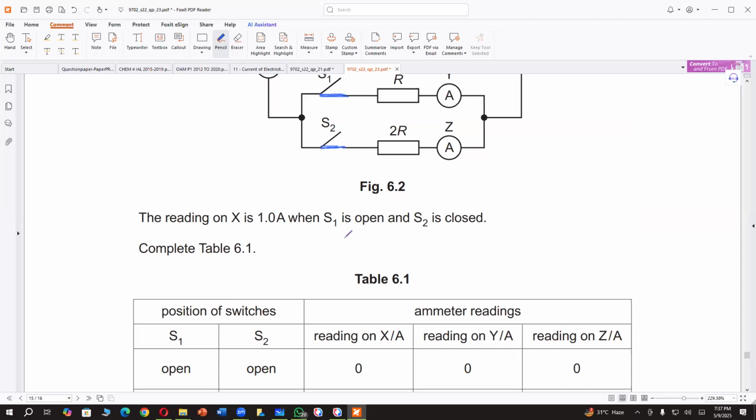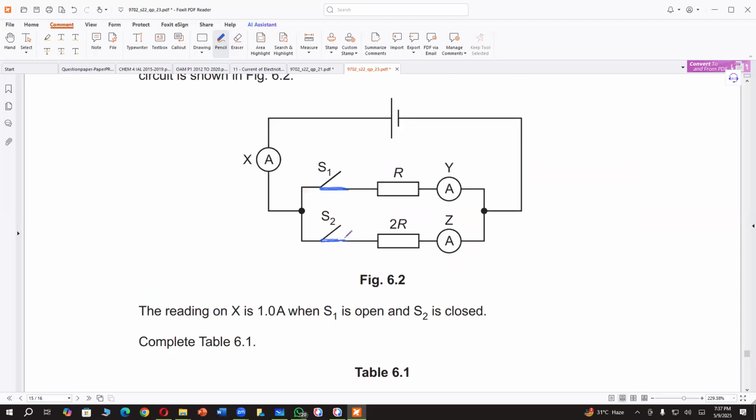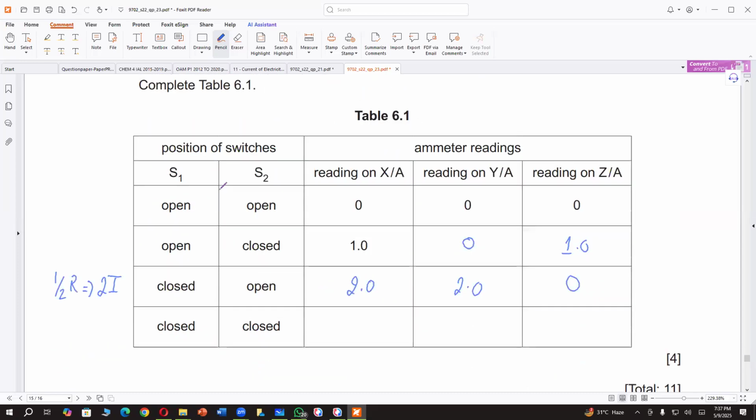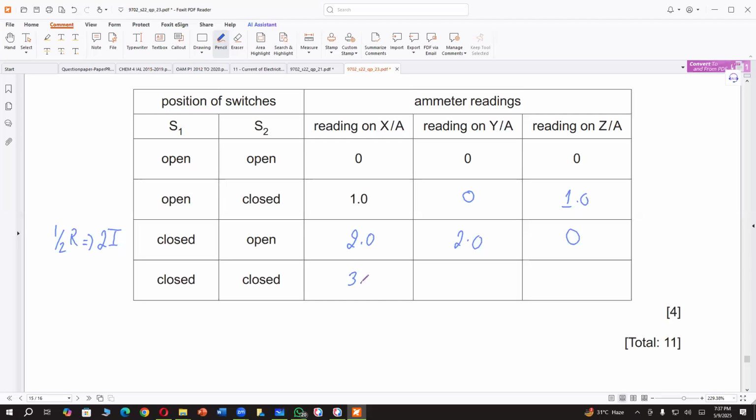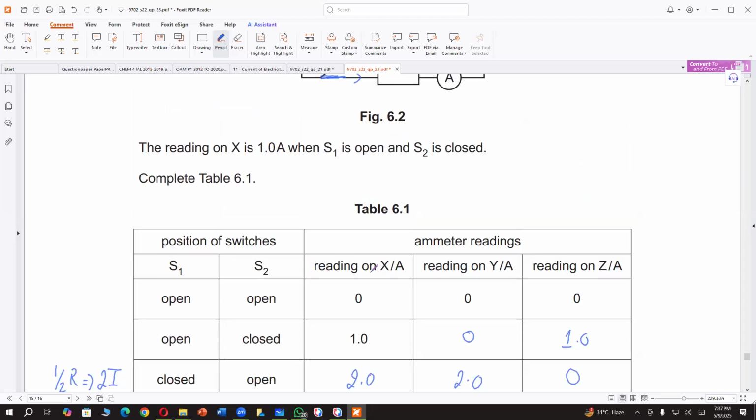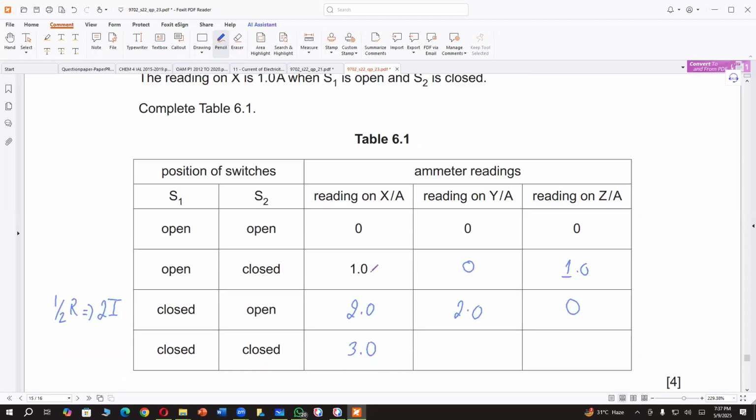So here you will have 2 ampere and here you will have 1 ampere. So the total will be 3 ampere when both switches are closed. Reading on Y will be 2 ampere.